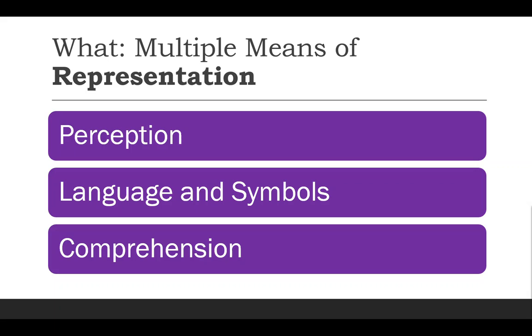All right, next is the what of learning, the multiple means of representation. The categories the UDL folks list are perception, language and symbols, and comprehension. Perception is like the captions in a video that end up helping everyone. We do things that help people who are blind or hard of hearing, and it actually helps everyone.